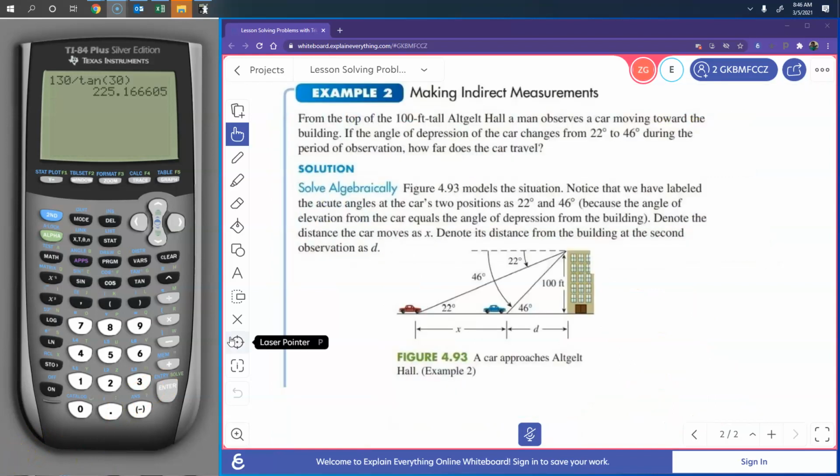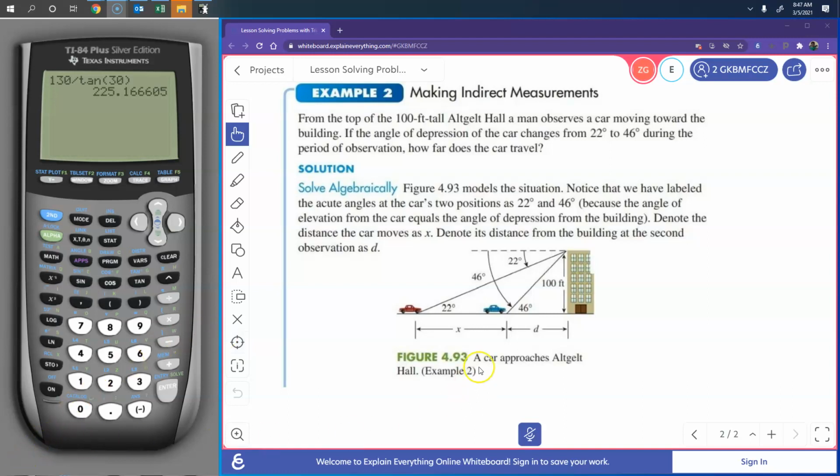So here's example 2. It says from the top of the 100-foot tall hall, a man observes a car moving toward the building. If the angle of depression of the car changes from 22 degrees to 46 degrees during the period of observation, how far does the car travel?